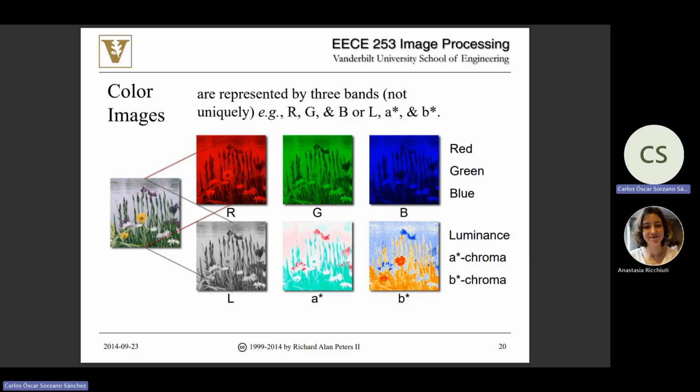The important thing is that colors have 2 pieces of information. One is luminance, that is how many photons are arriving from a point. The chrominance tells us about the wavelength of those photons, the wavelengths and the mixture of wavelengths of those photons. So luminance is how many, and this is which are the colors. So for representing the color, we only need 2 numbers.